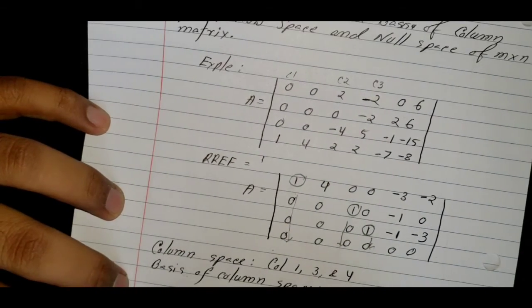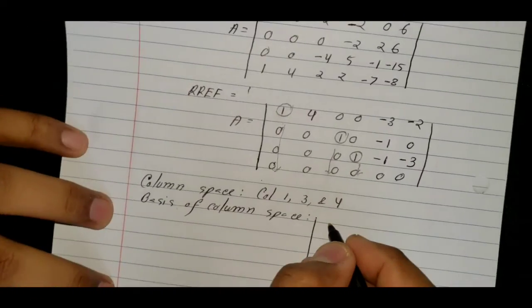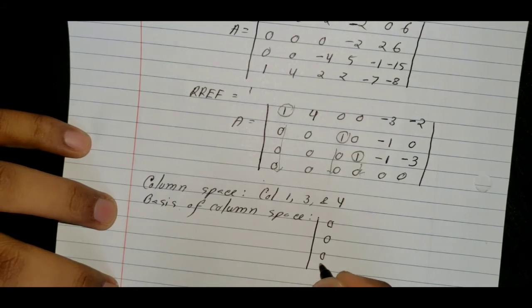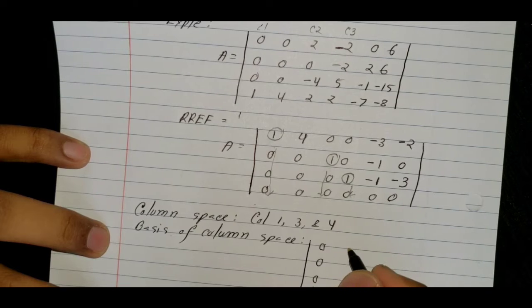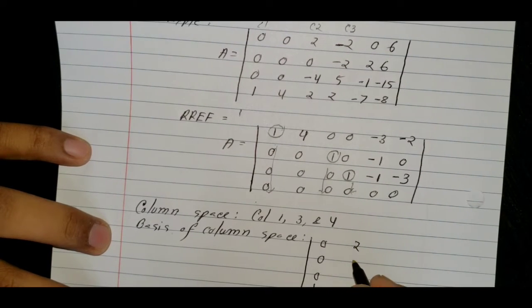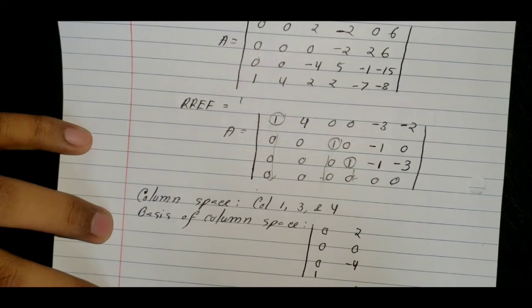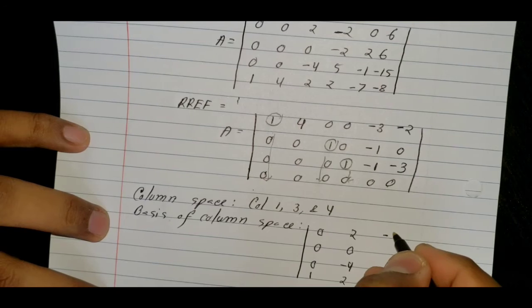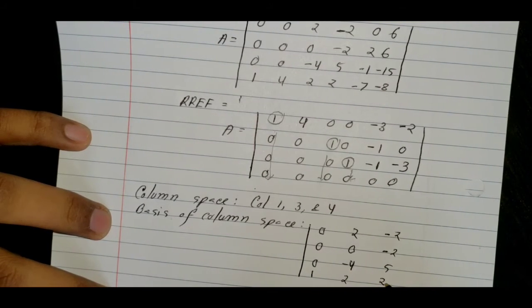So your basis is: (0, 0, 0, 1), (2, 0, -4, 2), and (-2, -2, 5, 2).